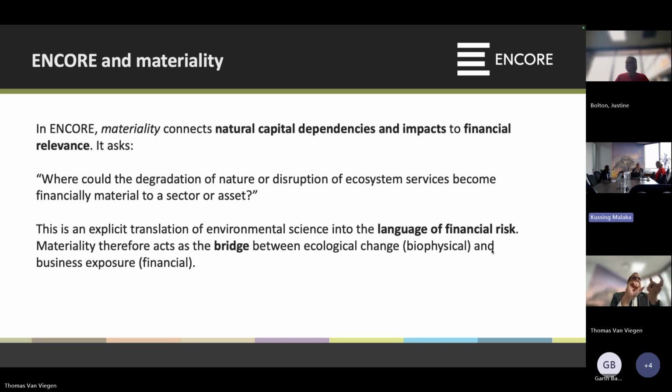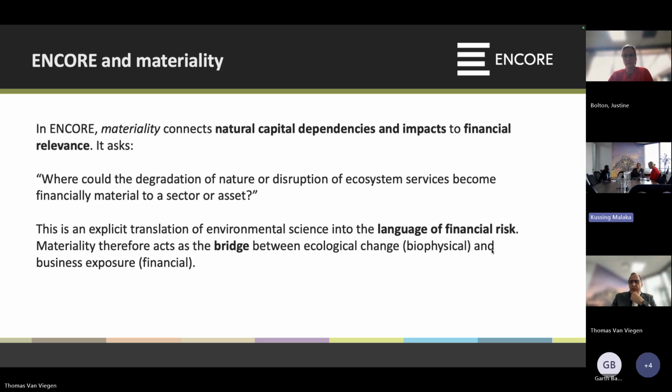It was trying to bring this explicit link across for credit analysts and financial analysts to really understand the financial risk in that dependency exposure. And within the Encore tool, we really see that it is the bridge between that ecological and biophysical change and what that financial and business exposure looks like.